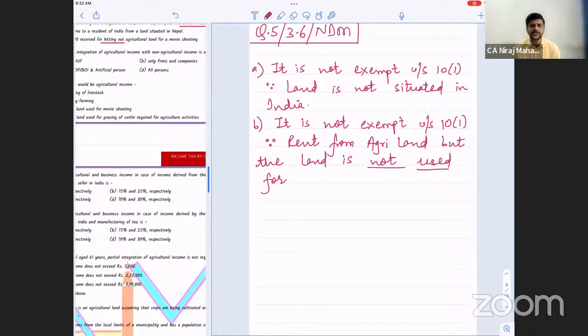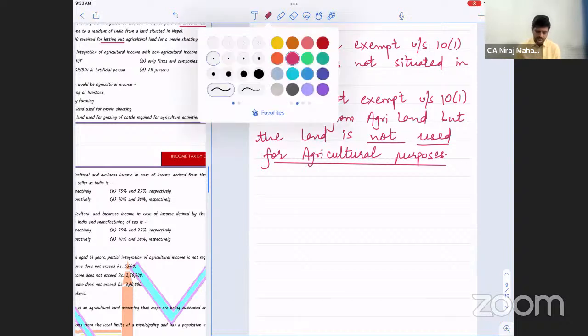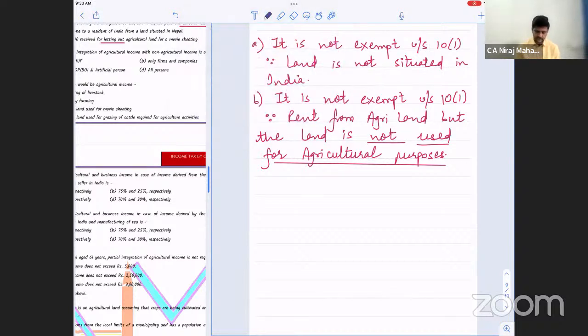In the current question, it is not used for agricultural purposes, correct? Fine till here?